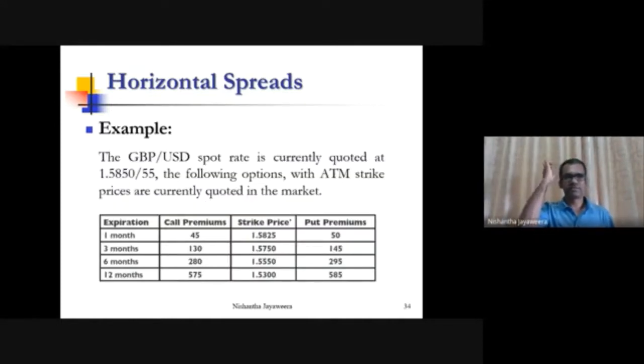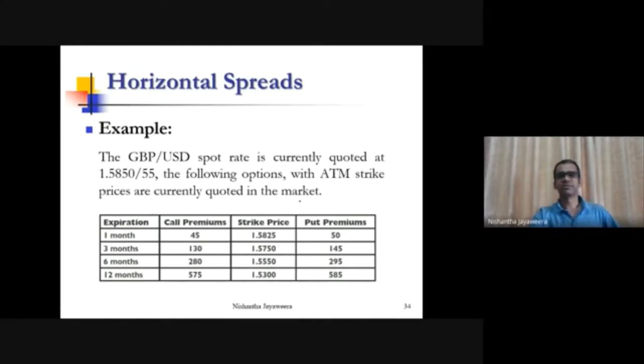So this is an example. The sterling dollar spot rate is currently quoted at this rate. Foreign rates are currently quoted in the market. So for different prices and different maturities, what are the call premiums, what are the put premiums.